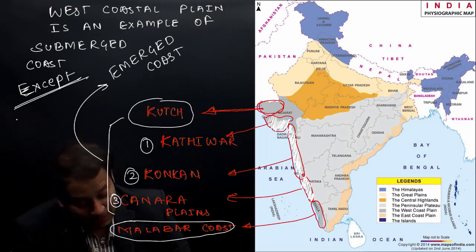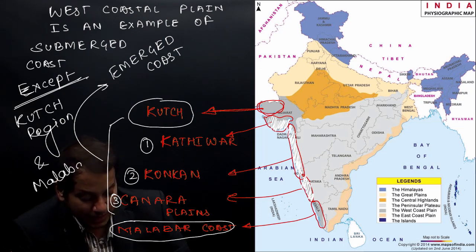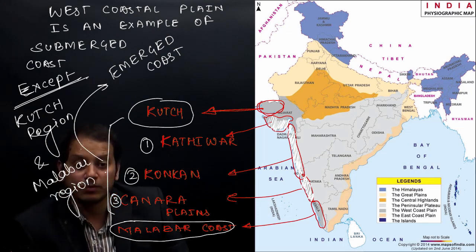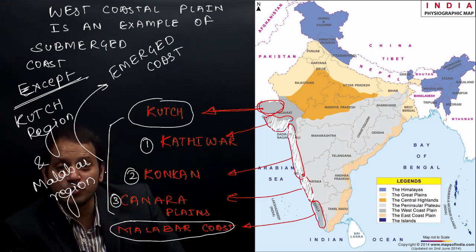Except the Kutch region of Gujarat and the Malabar region of Kerala. Except the Malabar region of Kerala and the Kutch region of Gujarat, the entire west coastal plain is an example of a submerged coastline.